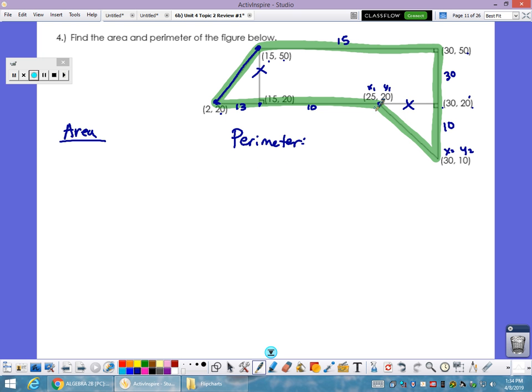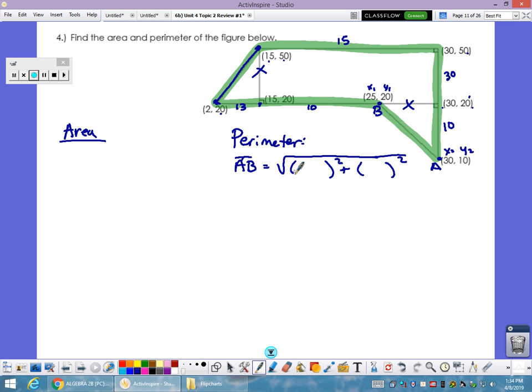We don't have labels, but if this was A and this was B, the distance of AB, that length, is going to be the square root of some quantity squared plus another quantity squared. Really, this is the Pythagorean theorem, just solved for the hypotenuse, or C.